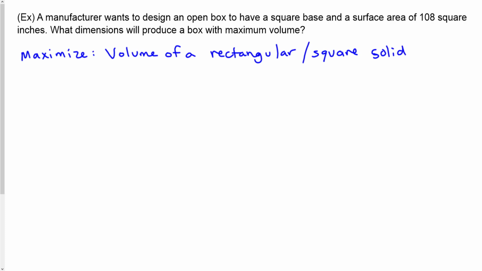It's an open box, so we're not closing the top, but we do have a constraint. It's that the surface area is 108 square inches.